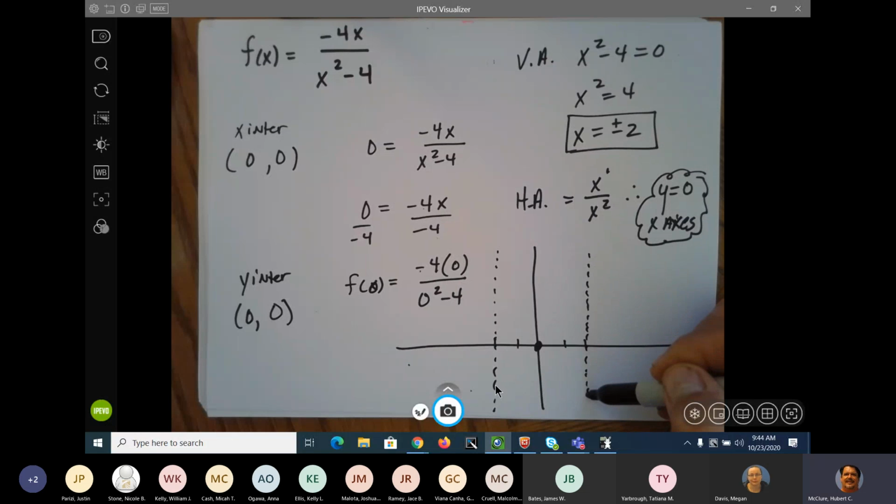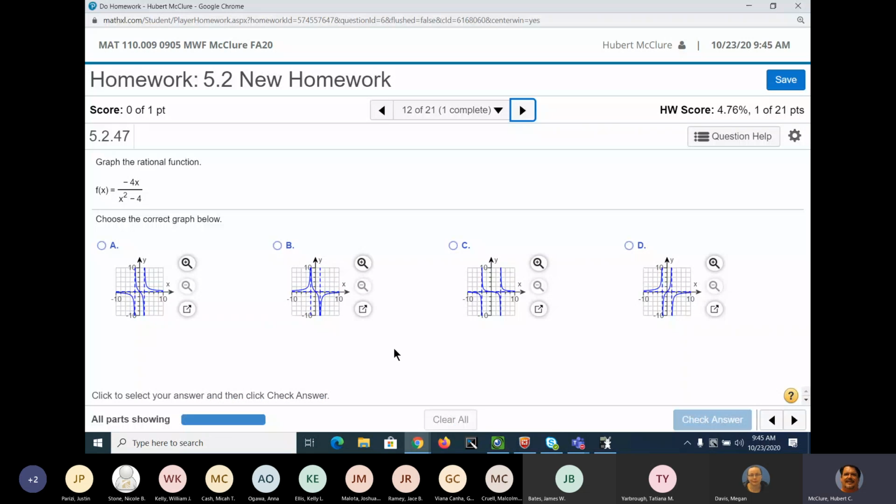And we know that the horizontal asymptote is the x-axis.